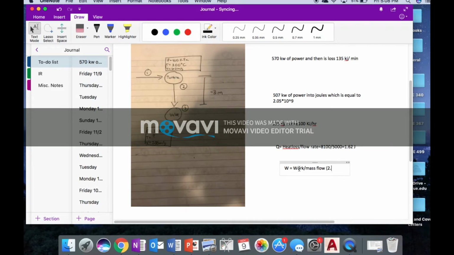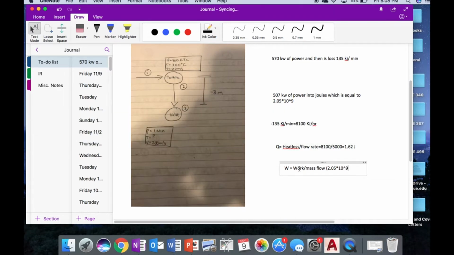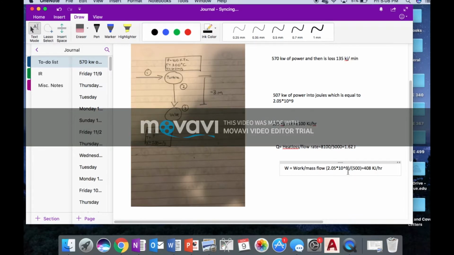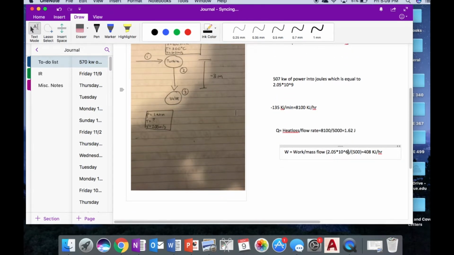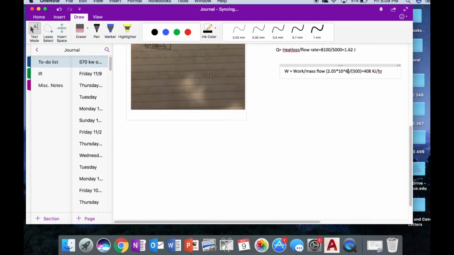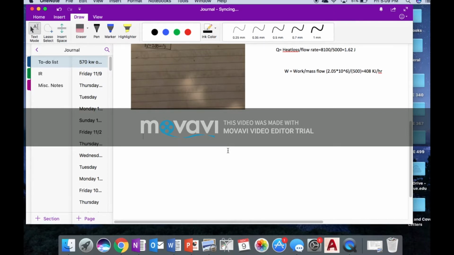And then that becomes 2.05 times 10 to the 9th divided by that 5,000 number once more, and that equals 408 kilojoules per hour. And that is after I converted this number to joules. So I'll just write it in here. It should be 10 to the 6th, and that comes out to be 408 kilojoules per hour. With that, I can now start to answer my enthalpy problem. And how my partner at ITSM in Monterrey explained it to me is there are a couple components of this enthalpy equation.